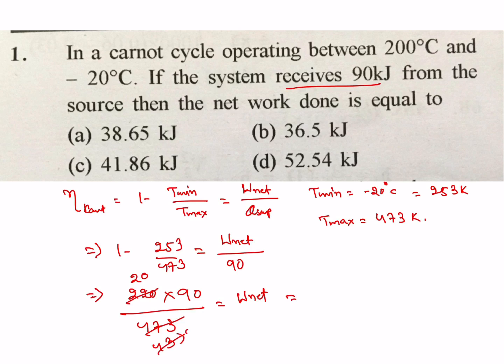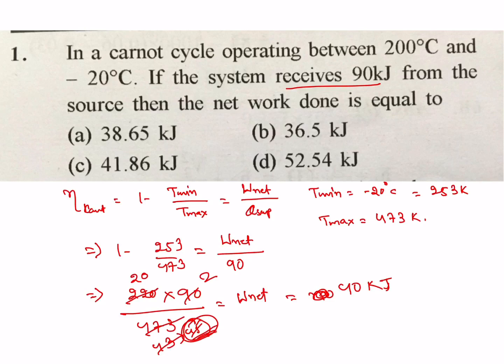If we take this one as 45, then 45 into 2, how much you will get? 45. So you will get 40 kilojoule. You took here 45.